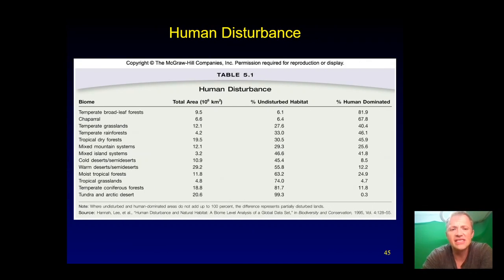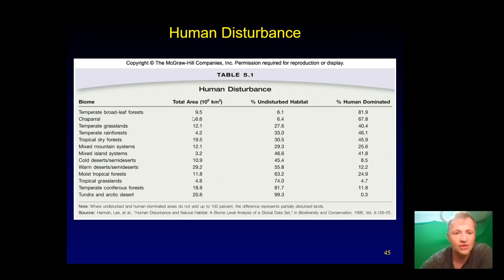This is just a great graphic showing how humans have disturbed different types of environments. You don't have to read through all this, but it restresses the whole point that temperate areas tend to be most human dominated. What this is really saying is that 81% of temperate broadleaf forests are now covered with human areas: manufacturing, living, agriculture.